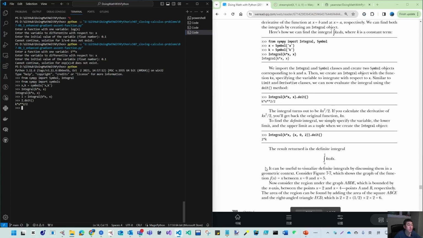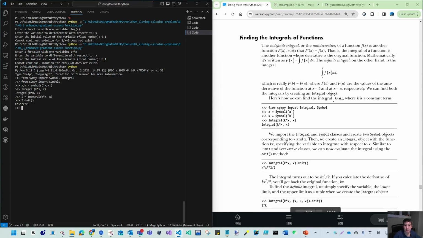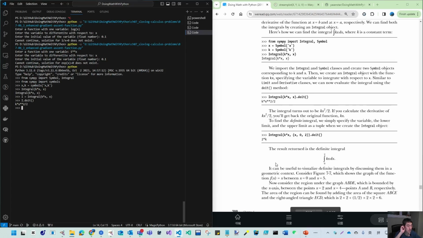This result is, mathematically, very direct. That is the indefinite integral, because we didn't provide any range or scope. If you want to do the definite integral, you will use a tuple.